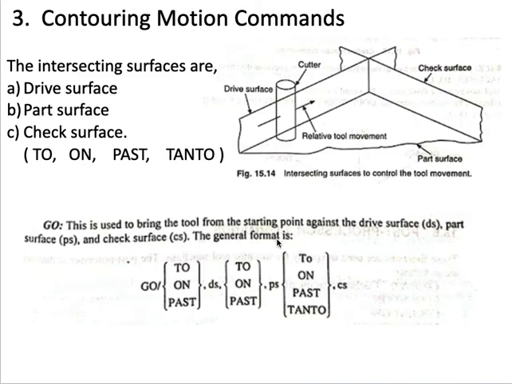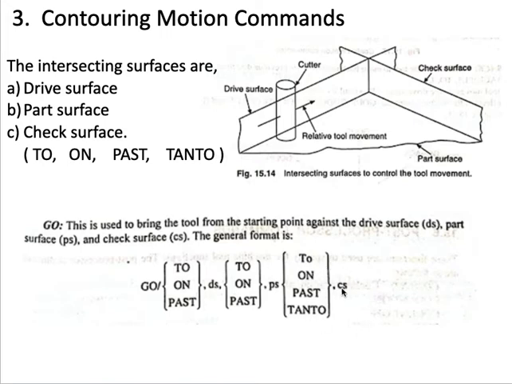The general formula is GO/TO, ON, PAST, DS, that is drive surface, again TO, ON, PAST, PS, this is the part surface, and TO, ON, PAST, CS, that is the check surface.